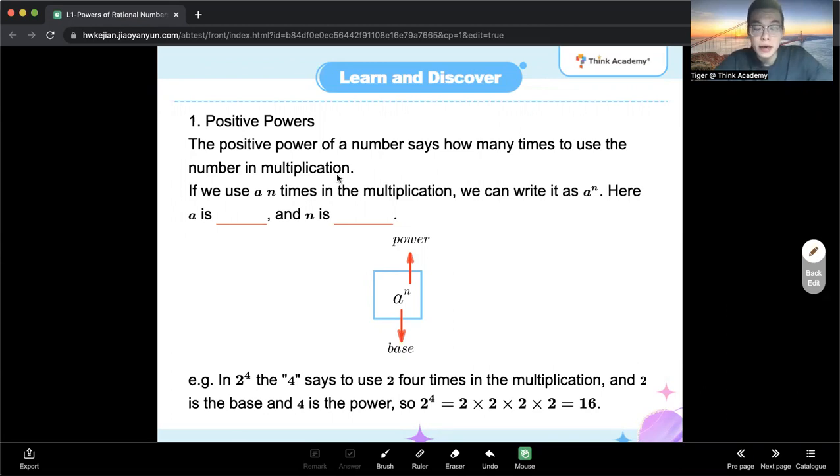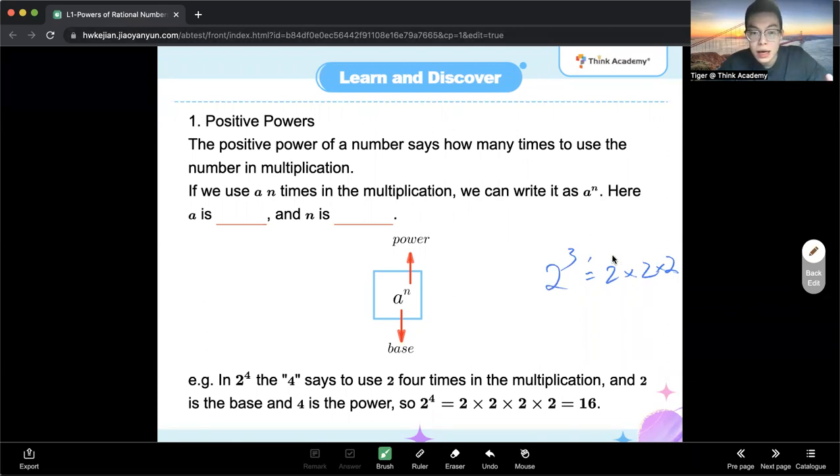In other words, it's the number of times that I am multiplying the base number by itself. For example, if I have the base number 2 and the power number 3, I would be multiplying 2, the base number, 3 times, which is the number in the power, or the index, or the exponent, whatever name you're calling it.